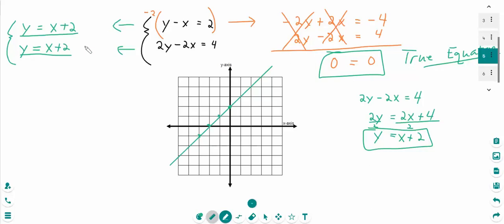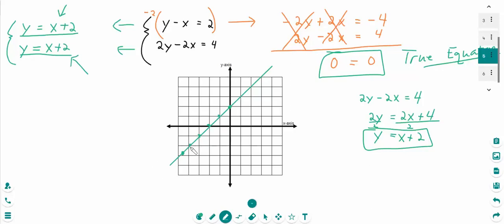Because remember, all we're looking for is a solution, which means that there is an ordered pair that satisfies the first equation and the second equation at the same time. And if I go to any point on this line, if I just pick a point, take the coordinates of that, that will satisfy this first equation, because this is the graph of the first equation. But that point will also satisfy the second equation, because this is also the graph of the second equation.